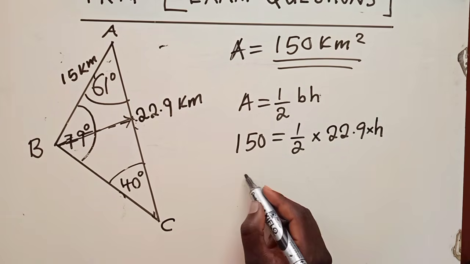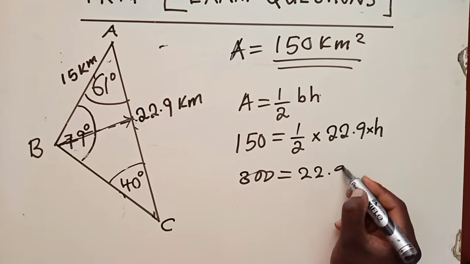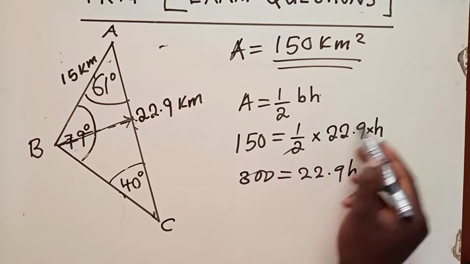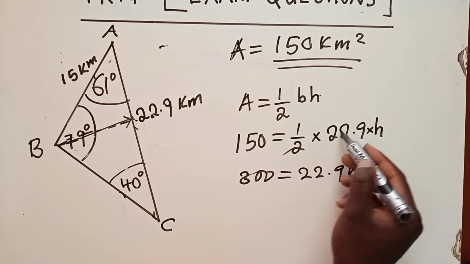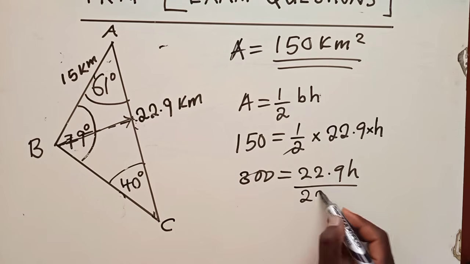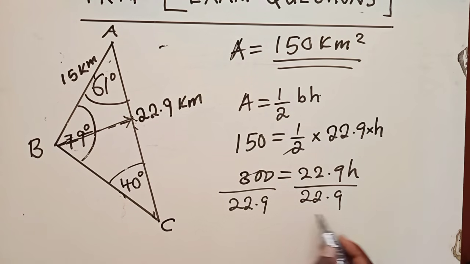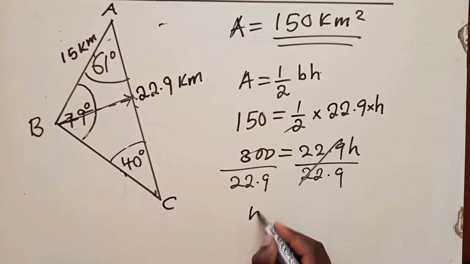When we cross multiply this, we'll get 300 is equal to 22.9h. If you want, you can divide right here. You divide 2 into 22.9. It's fine. If you want, you can cross multiply, and then you come and divide like this. So here we'll remain with h.